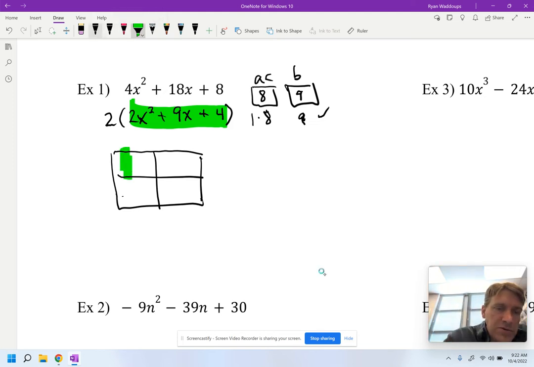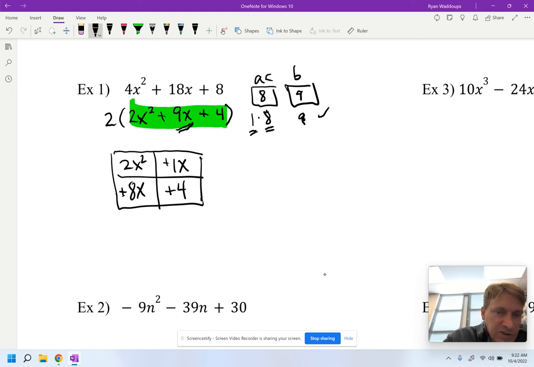So I put 2x squared here and plus 4 down here. And the 9x, I'm going to put in using the numbers that we found, 1 and 8. So I'm going to put plus 1x and plus 8x.